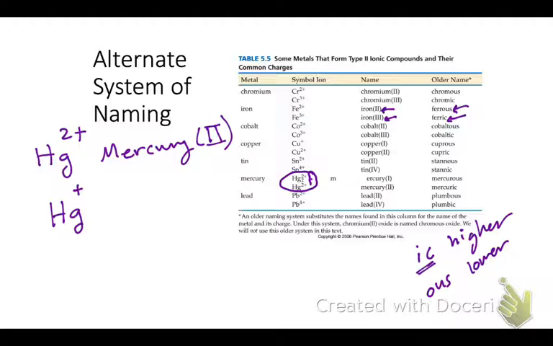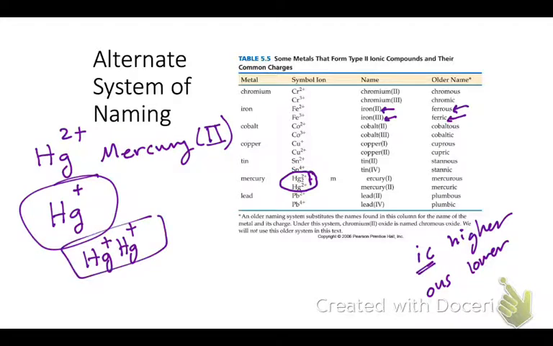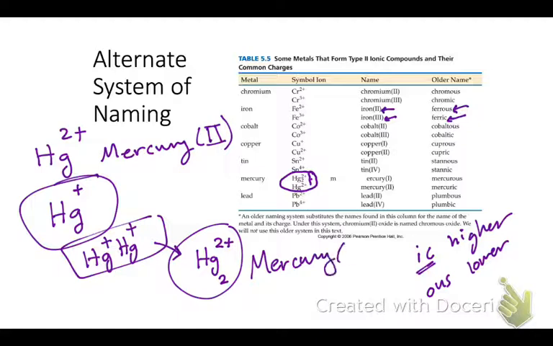However, in nature, it doesn't exist in a monoatomic form. It exists as diatomic, so 2 of them together, always. This is how they exist. And because it is not practical to write it otherwise, the way we express mercury 1 is 2 mercury atoms together having a +2, because each one of them has a +1. So that here is what we call mercury 1.